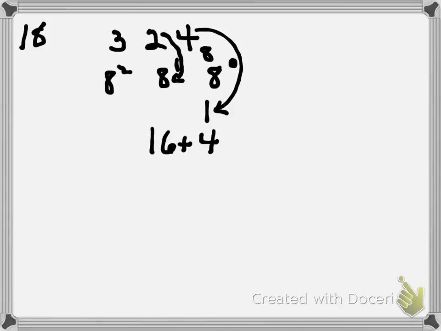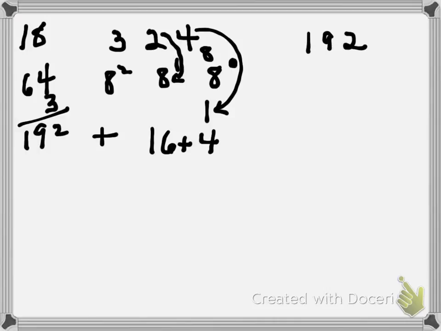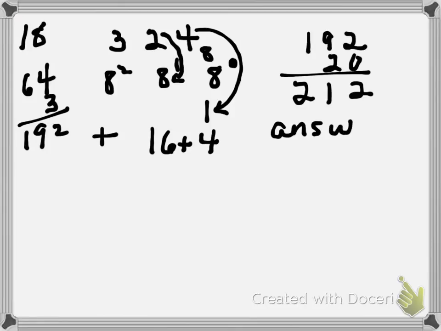And 8 to the second is 64, and 64 times 3 is 192. So you have 192 plus 16 and 4 is 20. So I'm getting 212, which the answer is A.